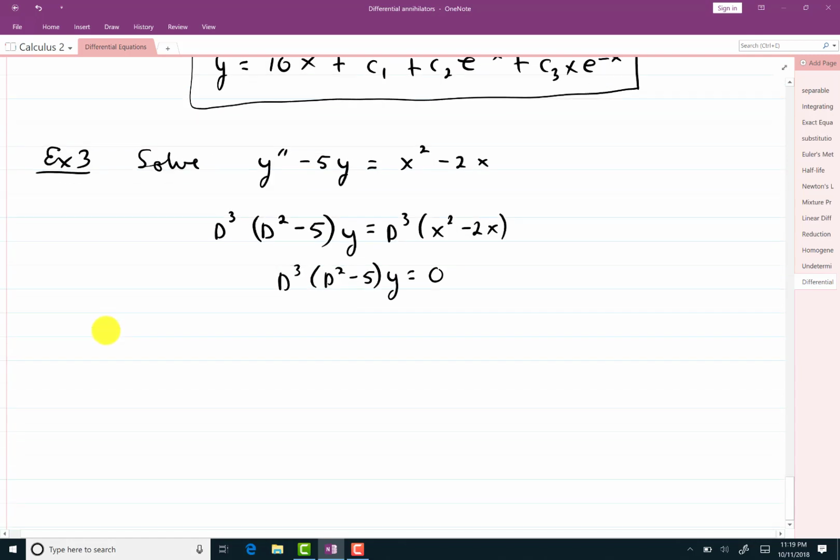Now treat this like an m equation, something like m cubed times m squared minus 5 equals 0. Here you'll get 0 three times, m equals 0, 0, 0, and then the other one you'll get m equals plus and minus square root of 5.